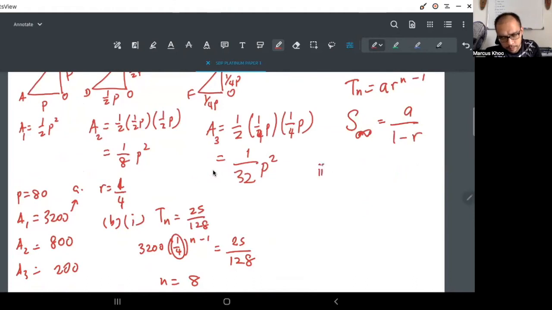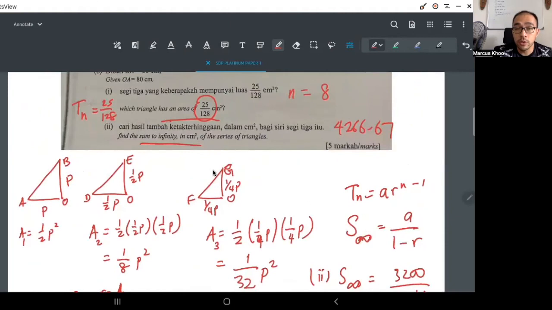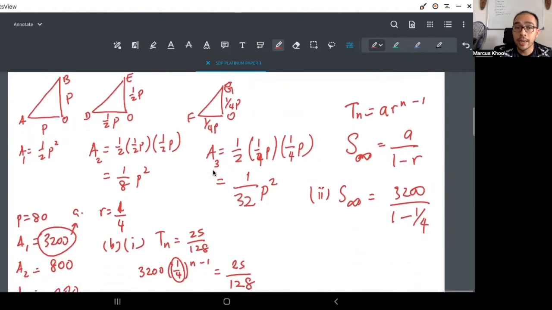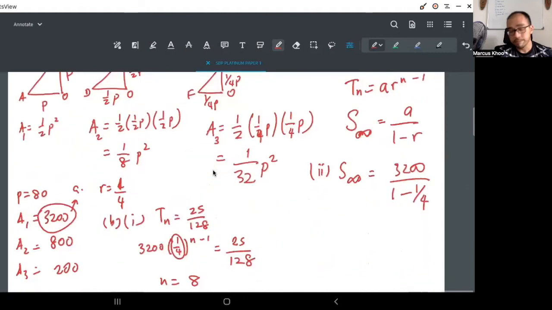So the sum to infinity will be a is 3,200 over 1 minus 1/4. Then you should be able to get 4266.67 centimeters squared. That's it.